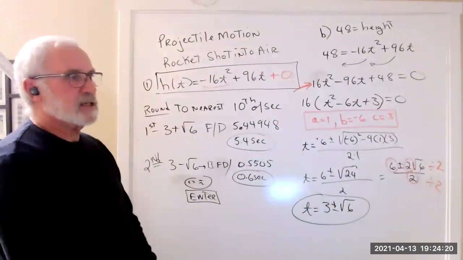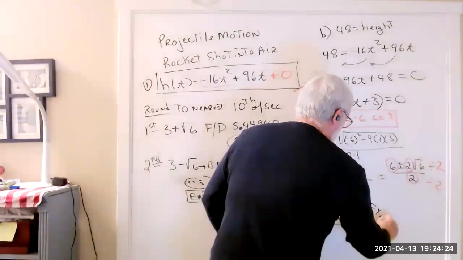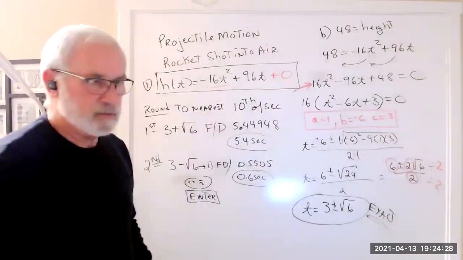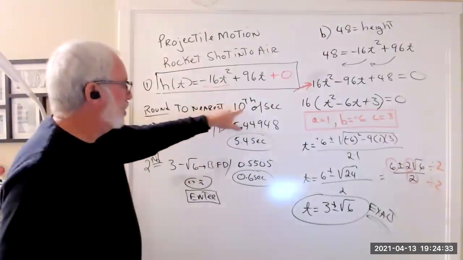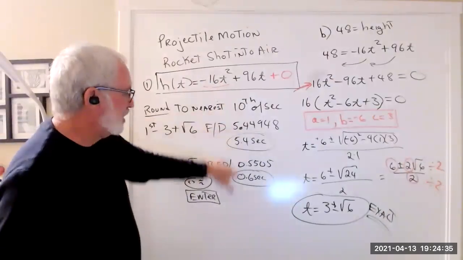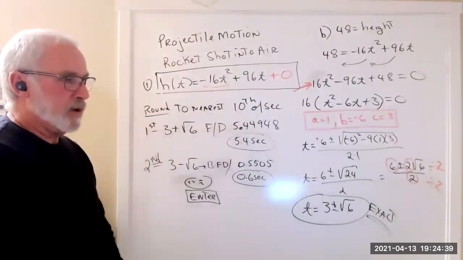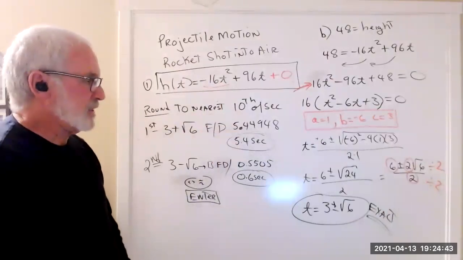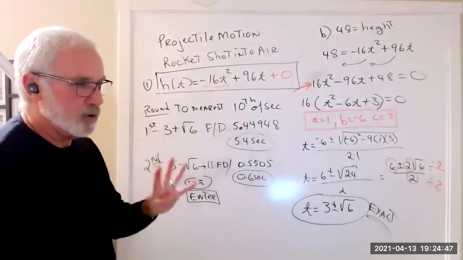Okay. So you need to read the directions. If it says give me the exact answer, this is the exact answer. If it says round, then you have to use the FD key and round it out. Now, mom is a little bit weird. Email me if you're having problems. It doesn't say it, but I believe if you take her out to 4 decimal places, you're okay.